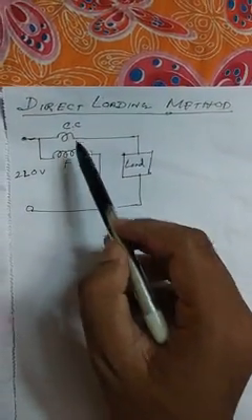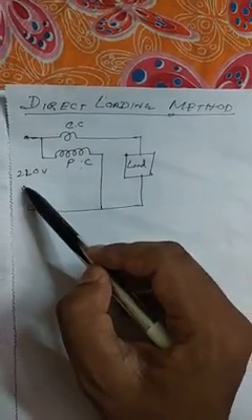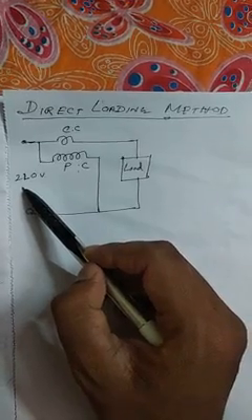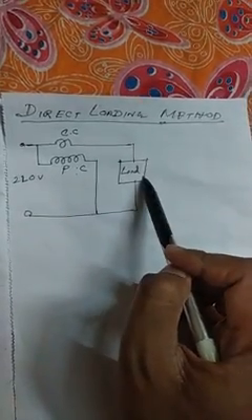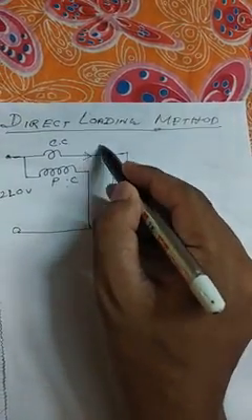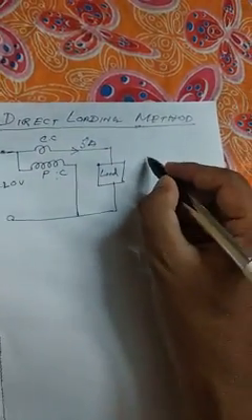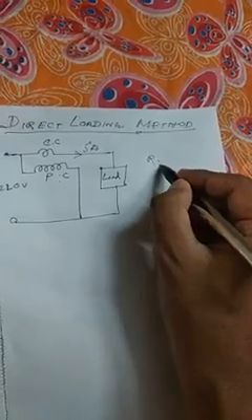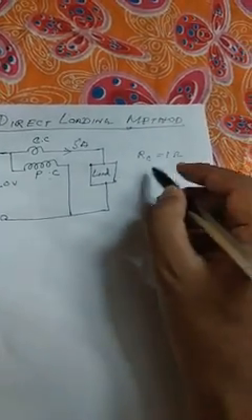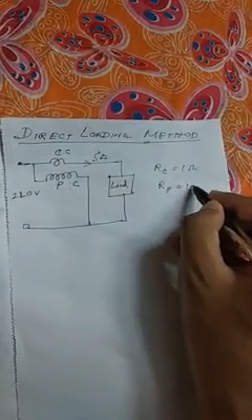One is a current coil, another one is a pressure coil, and these two coils are connected with the supply, that is 220 volt, and here we have some load. Say a 5 ampere current is flowing through the current coil, the resistance of the current coil is say 1 ohm, and the resistance of the pressure coil is say 10 kilo ohm.